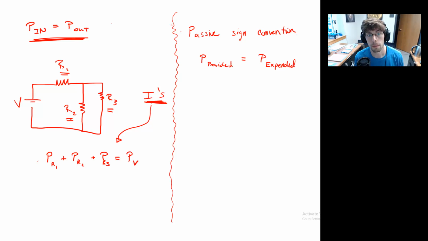What the passive sign convention says is that if current runs to the positive terminal, then put it on the P expended side.